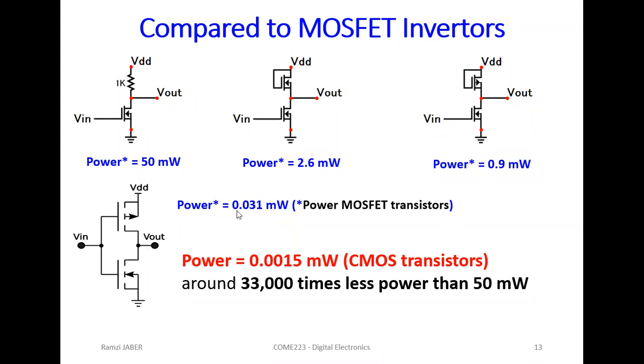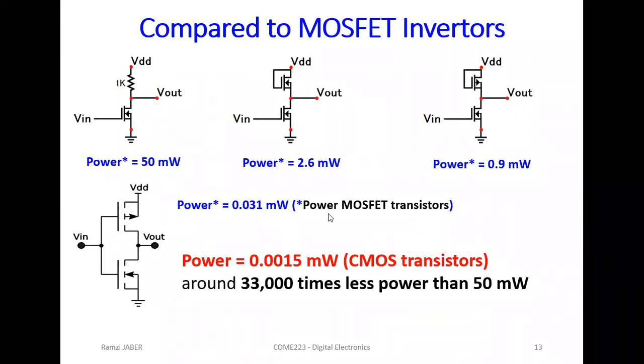So the power will be 0.031 milliwatt. Imagine, from 50 milliwatt using one resistor to 0.031 milliwatt without resistor. We use PMOSFET only. We replace that resistor with PMOS. Okay, this is for power MOSFET transistor.